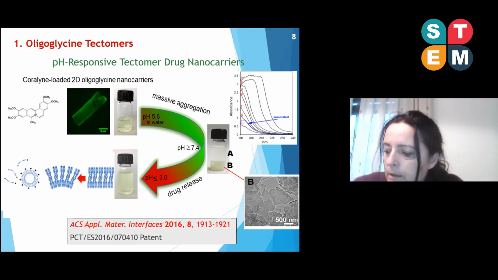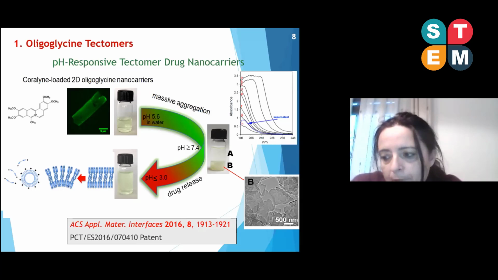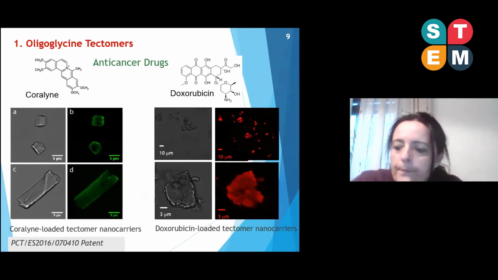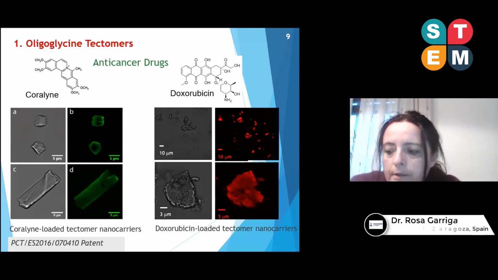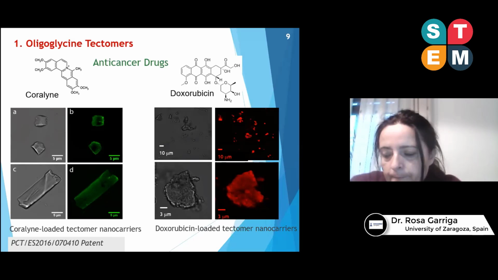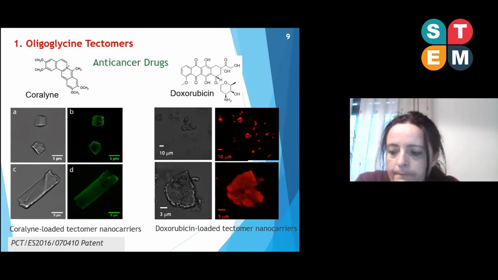Moreover, the loading of guest molecules into tectomers facilitates protection from rapid photochemically induced degradation. Also, the more potent anti-cancer drug doxorubicin strongly attached to tectomers, as shown by confocal and fluorescence microscopy. A patent was filed on the development of these tectomer-based nanocarriers.